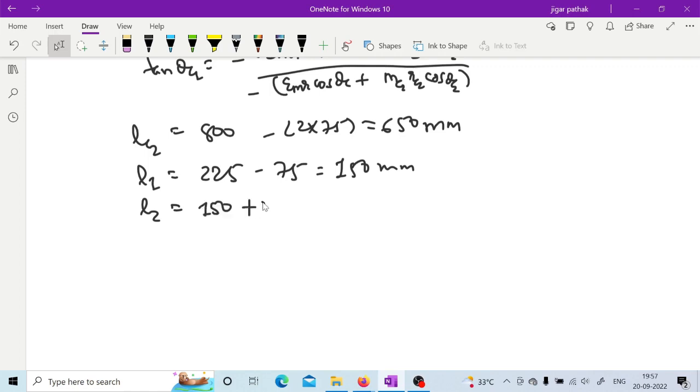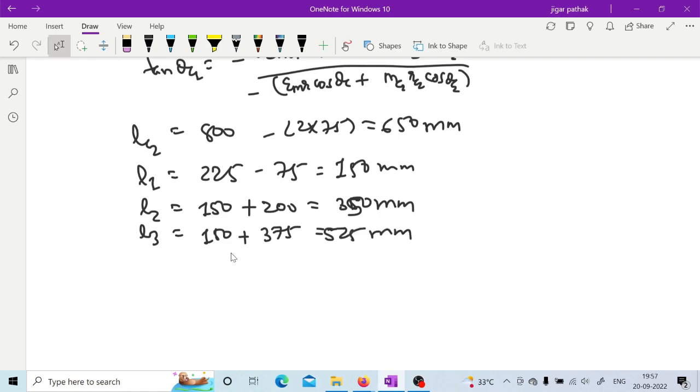So it will be 150 plus 200, and L3 will be 150 plus 375, 525 mm.